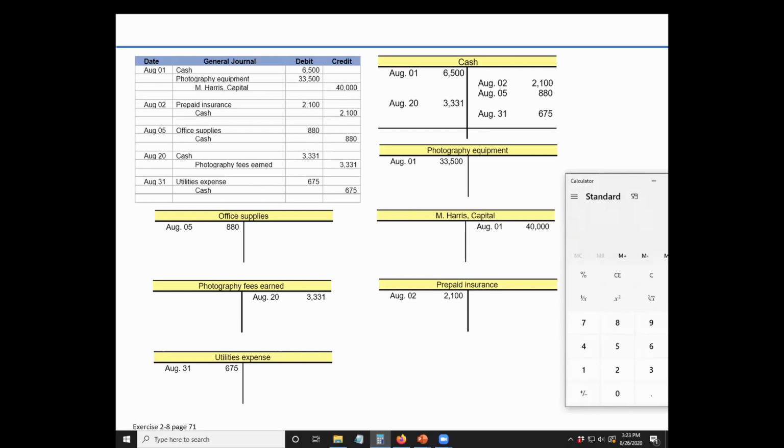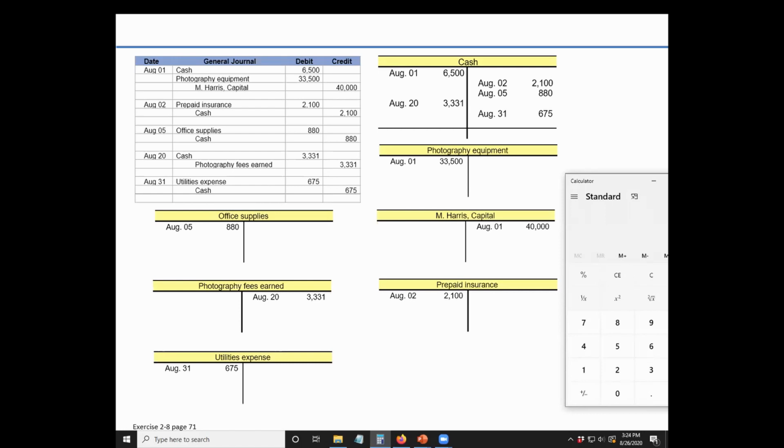Now, the one thing that's tricky about this, again, is this is just on paper. You wouldn't necessarily have a separate bank account for each one of these. So for cash, you'd have a bank account that's your checking account. You might also have some of that in savings. You might have some of that on hand, maybe that you haven't taken to the bank yet, but all of that would be considered part of cash.